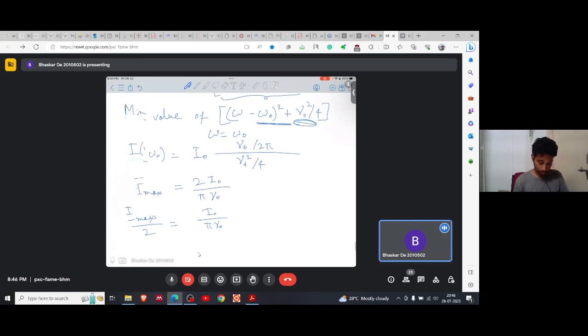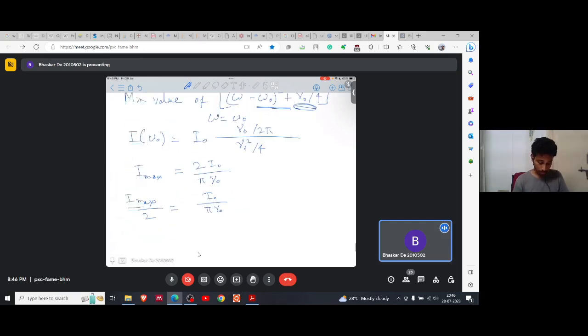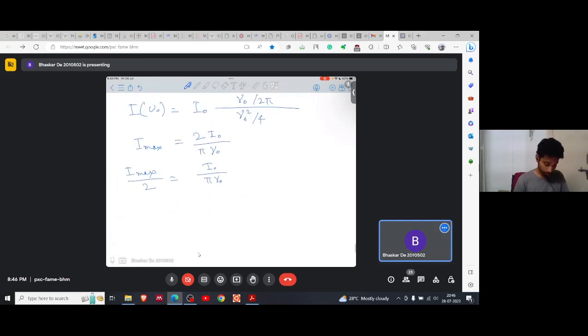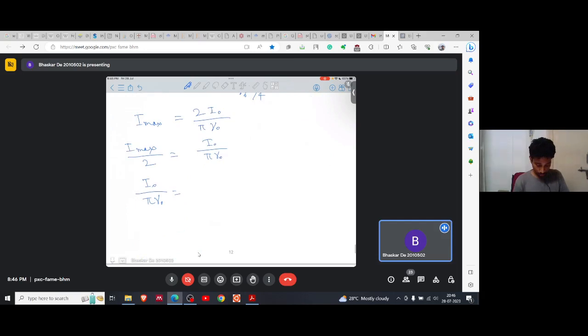Now we have to find the value of omega for which we will have this. So we will have I naught by pi gamma naught on this side, and on the other side we will have I naught gamma naught by 2 pi over omega minus omega naught square plus gamma naught square by 4.